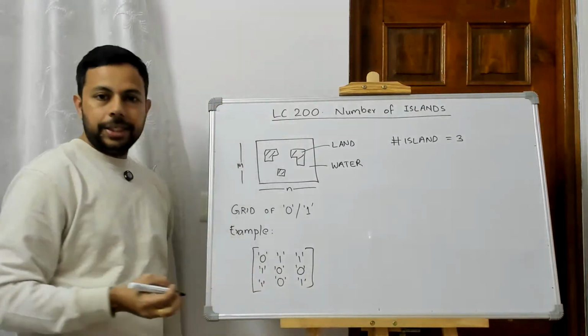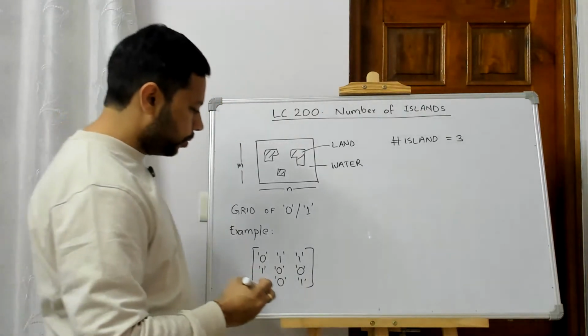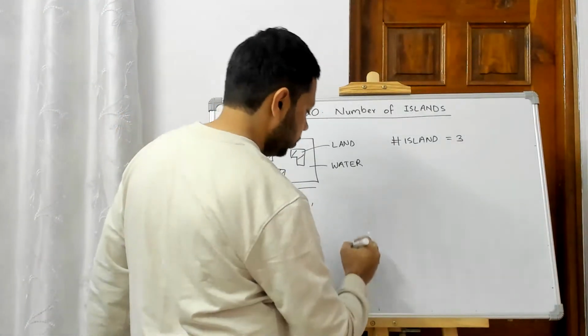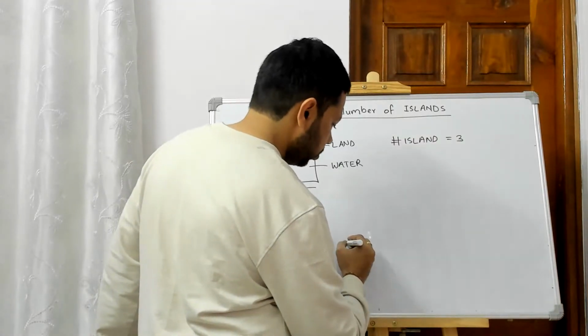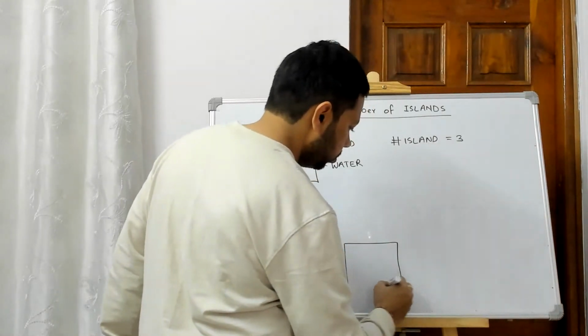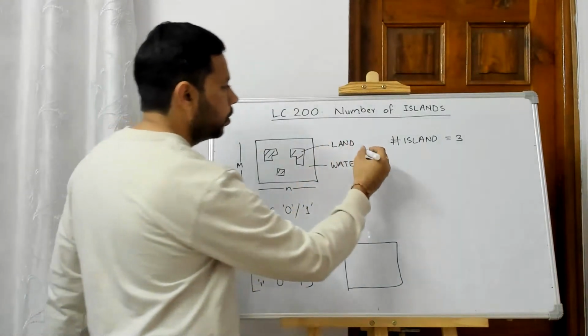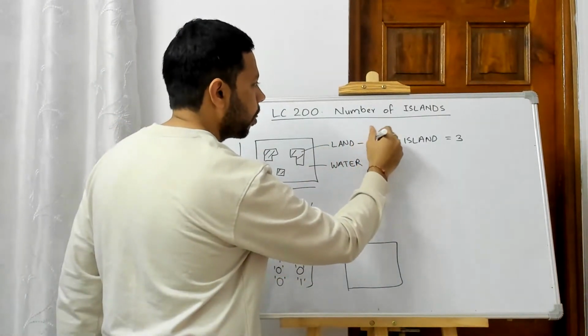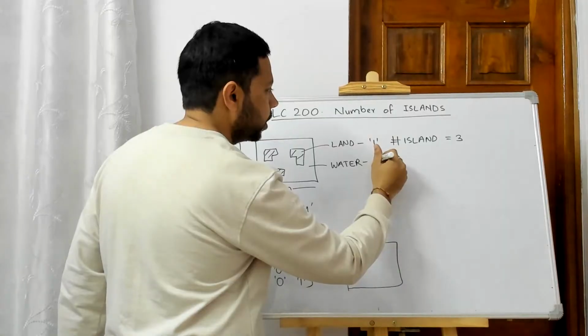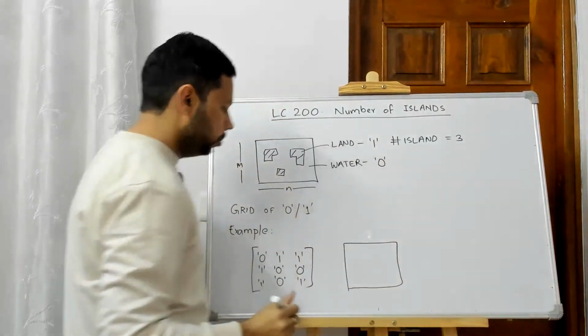Now this grid represents a map. The ones represent land and 0 represents water.